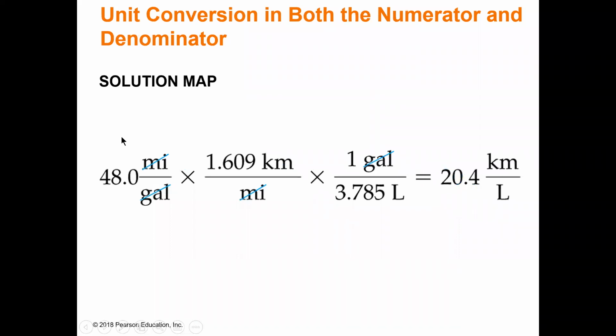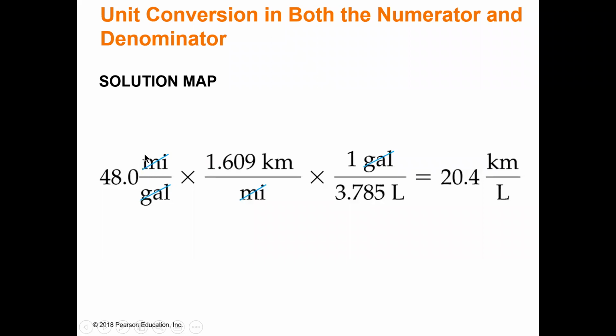Here's another one. This is a dual step. So let's say that you've got 48.0 miles to the gallon, right? And we want to get this into kilometers per liter because we're not in the States, we're traveling through Europe, and we rented a car. So you have to think of these 2 units separately. So 48.0 miles for every 1 gallon.